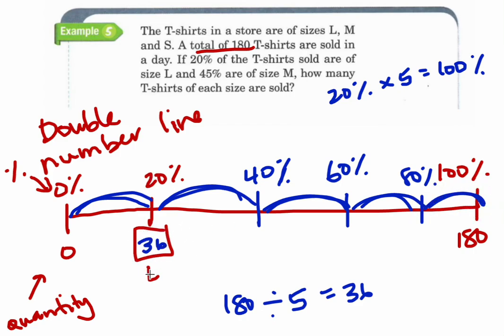So 20% would be 36 t-shirts. 40% would be 36 plus another 36, which is 72 t-shirts. 60% would be 72 plus another 36, which would be 108 t-shirts. 108 plus 36 would get me to 80% of the t-shirts.